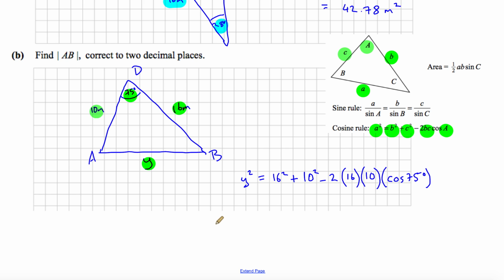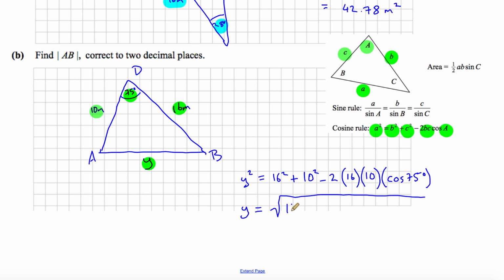So, if y squared is equal to all of this, well, we can then say that y is equal to the square root of all of this.